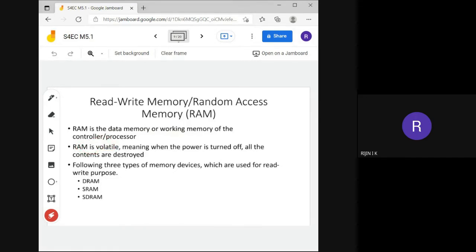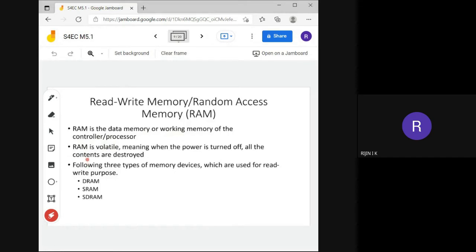What is the meaning of volatile? That means when the power is turned off, whatever contents are present in the RAM memory will be destroyed. That means everything will vanish after the power is switched off. So that is RAM memory.